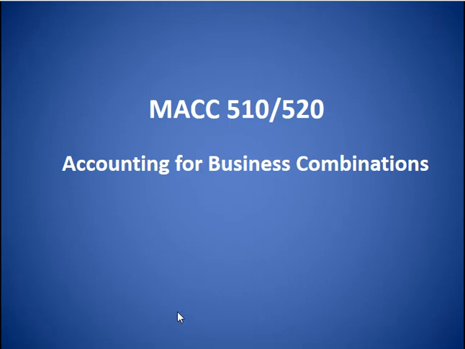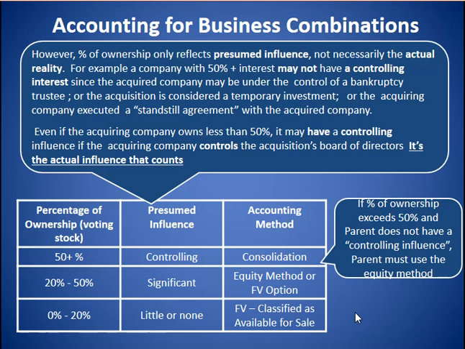Now, let's take a look at the rules under generally accepted accounting principles that have been set out for how we go about accounting for acquisitions. The first thing is we consider the percentage of ownership of the voting stock. Based upon that, we derive what we call a presumed influence, and then based upon that, we consider the appropriate accounting method.